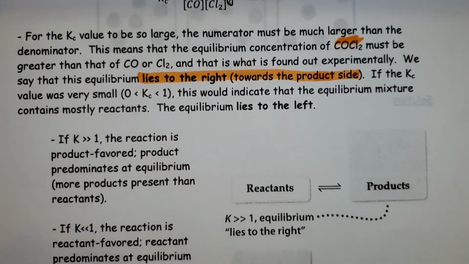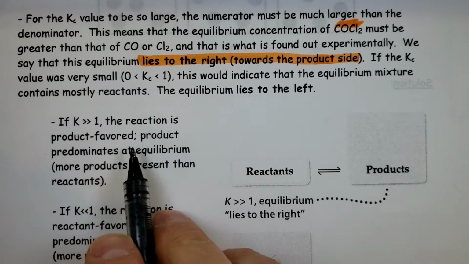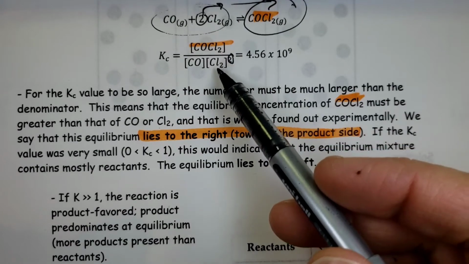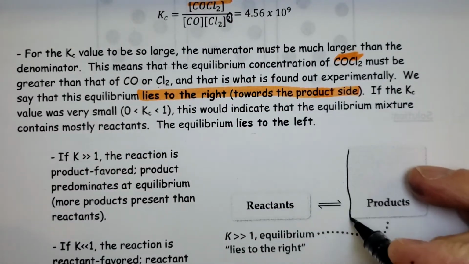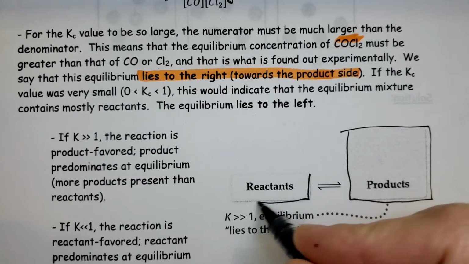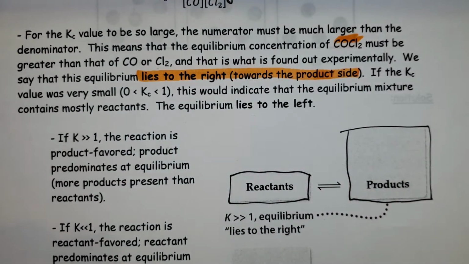So here's a schematic on the bottom here. If K is much bigger than 1, that means, mathematically speaking, the numerator is bigger than the denominator. And of course, in the numerator, we have products, and on the denominator, we have reactants. You can think of it as big amount of products over small number of reactants.